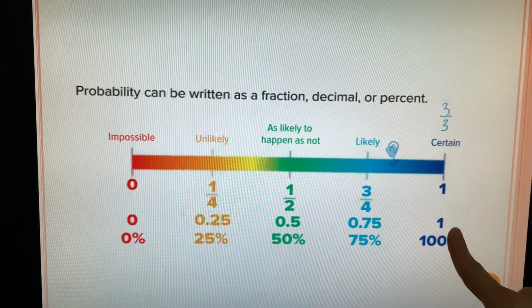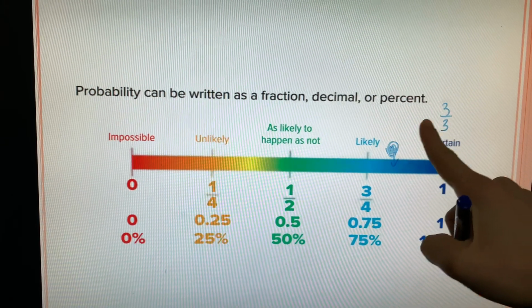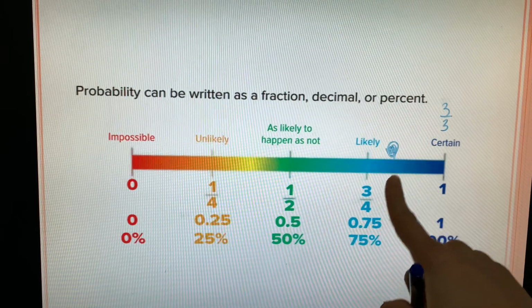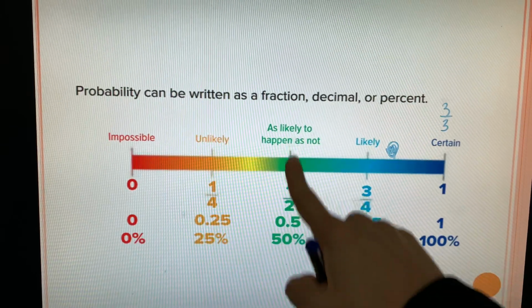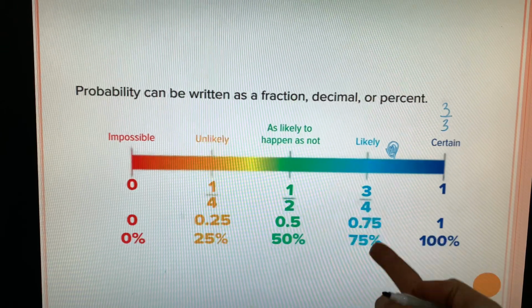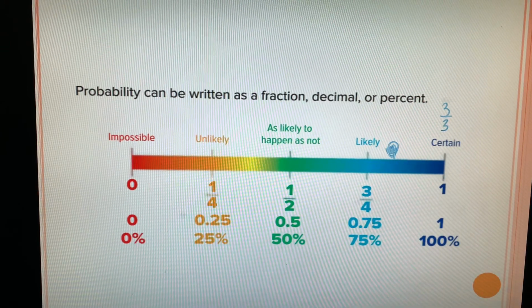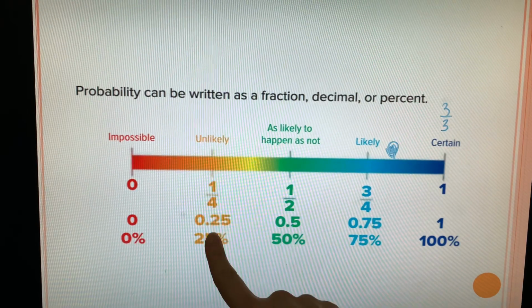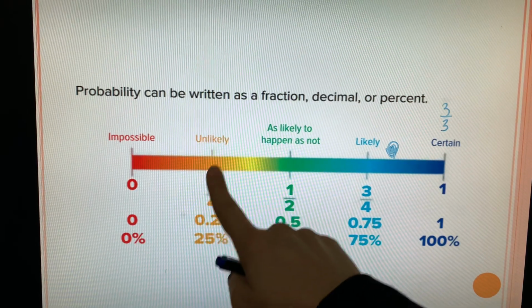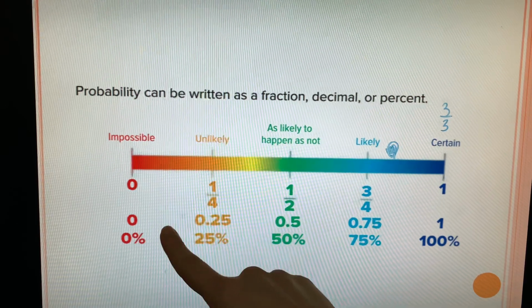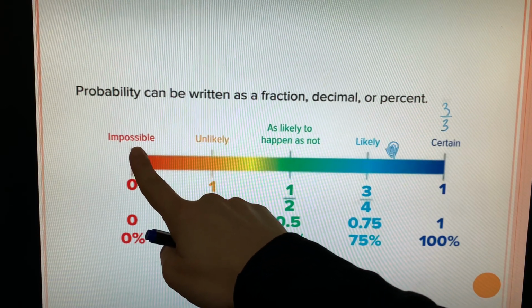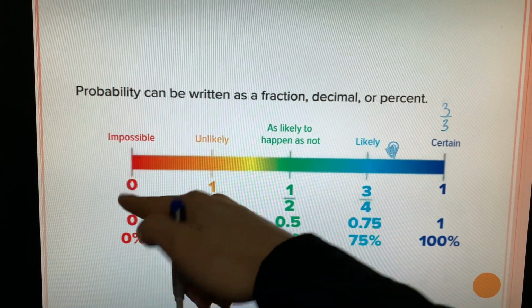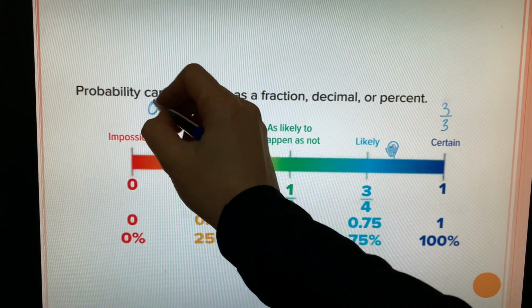That means that for sure that is going to happen. If it's anything less than that, then it's just likely to happen. If something gives you 1/2, that means that it can happen as much as it cannot happen. If we get something around 1/4, then the chance of it happening is very unlikely. Something that will give an event where the numerator is 0 over any number, like 0 over 5.